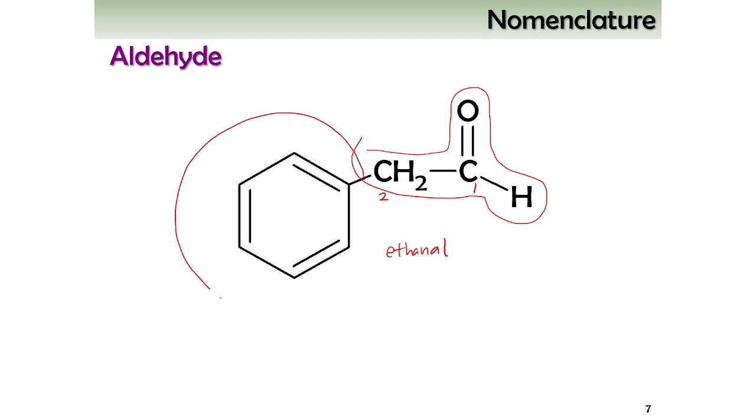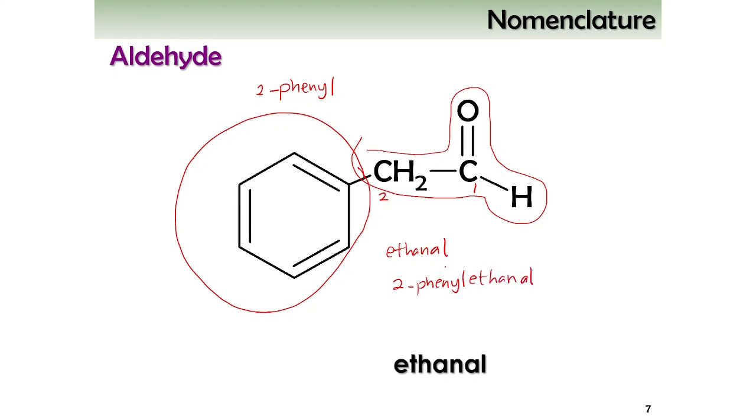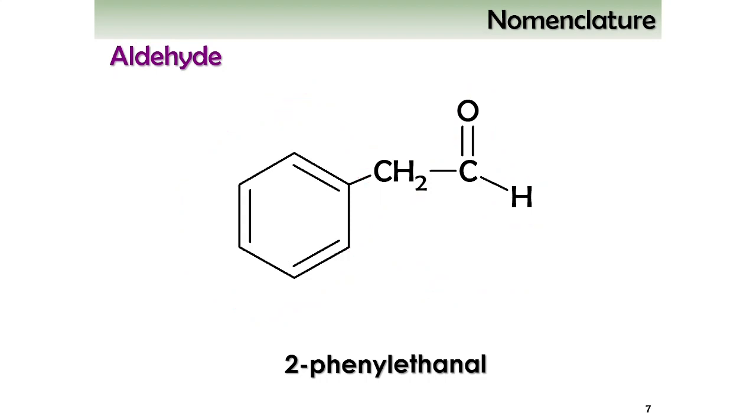And this is the substituent, which is phenyl, attached at carbon number 2. So the name of this compound is 2-phenylethanal. Ethanal is the parent chain, and the substituent is attached at carbon number 2.